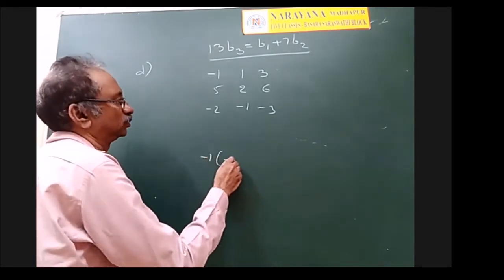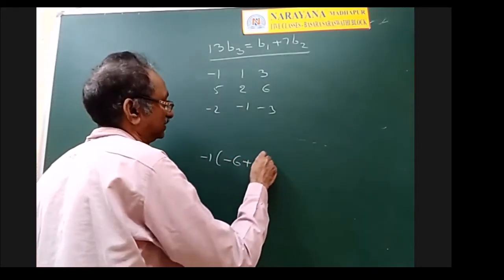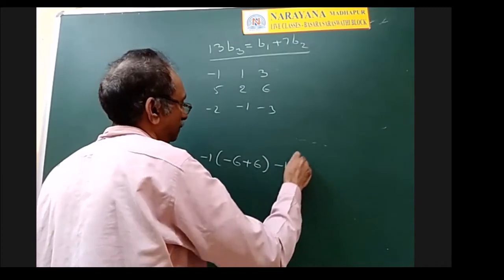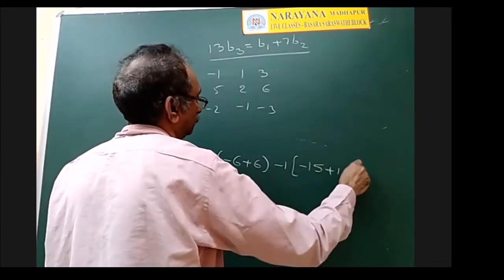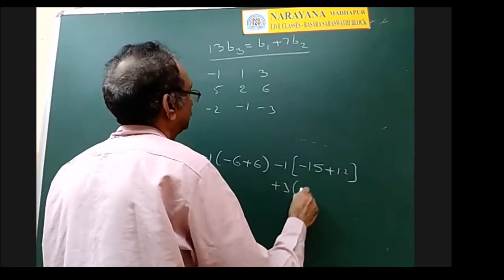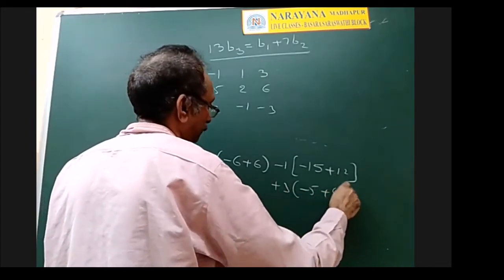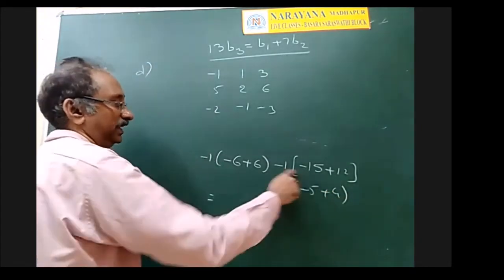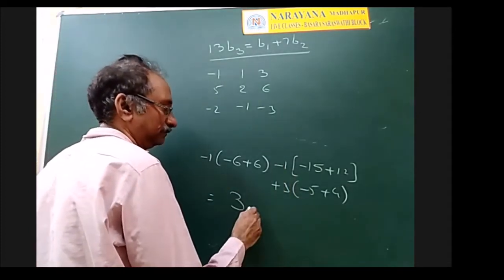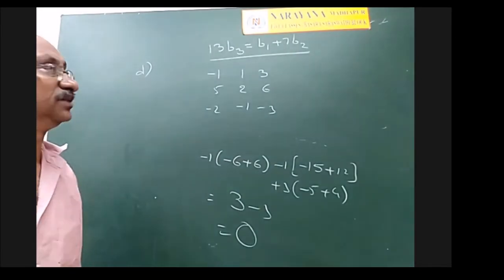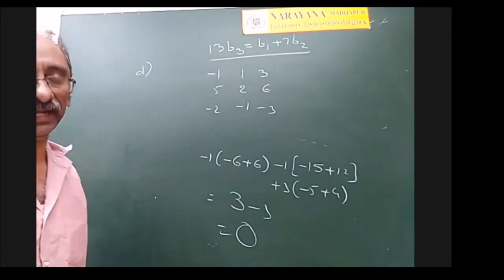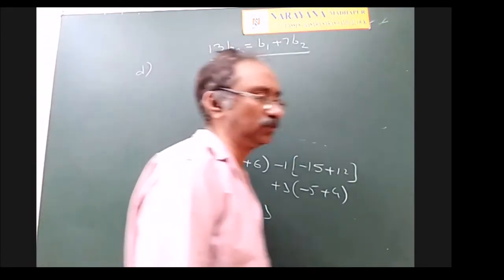Minus 1 into minus 6 plus 6, that is 0. Minus 1 into minus 15 plus 12, plus 3 into minus 5 plus 4. So minus 3 into minus 1 plus 3, that is 0. So the determinant is 0.